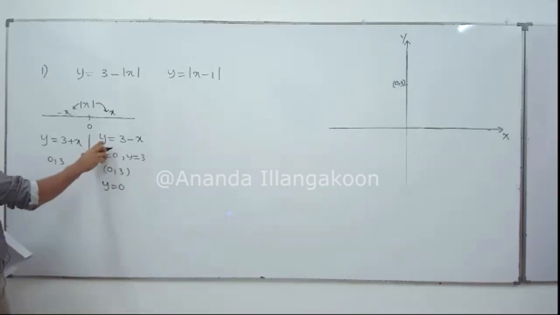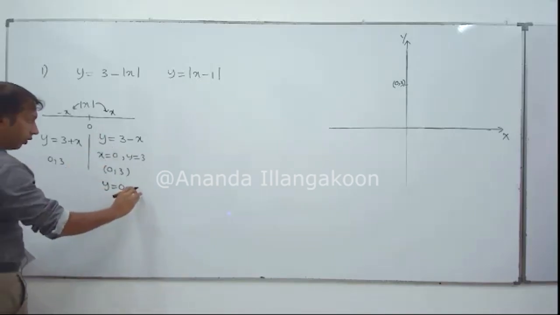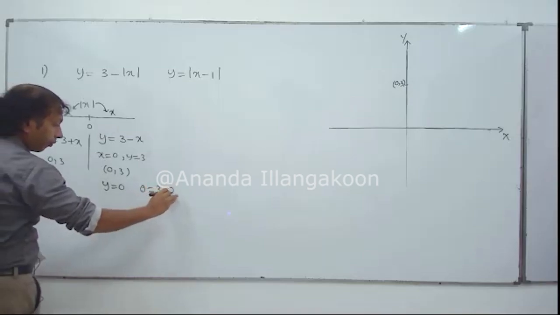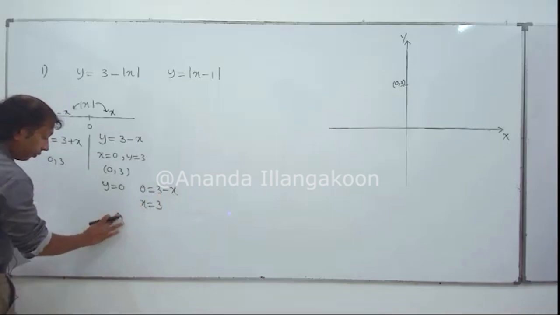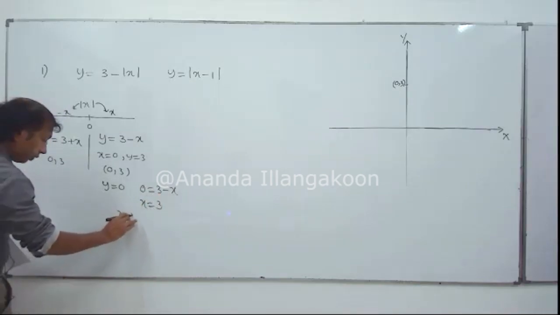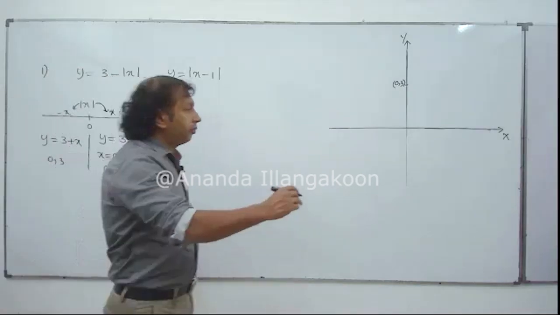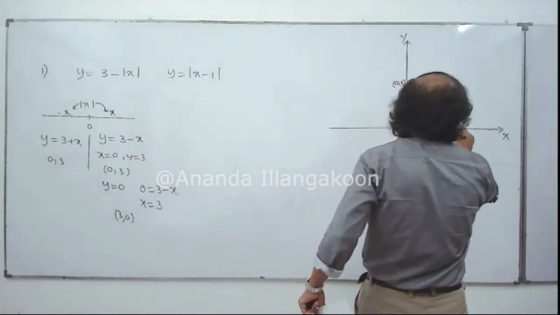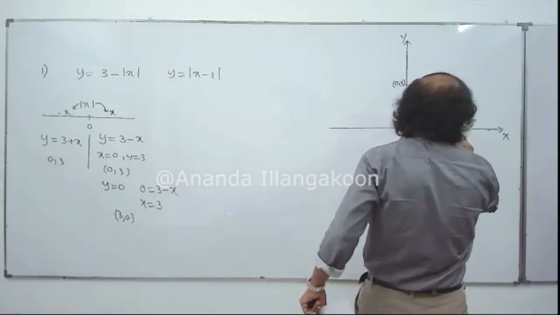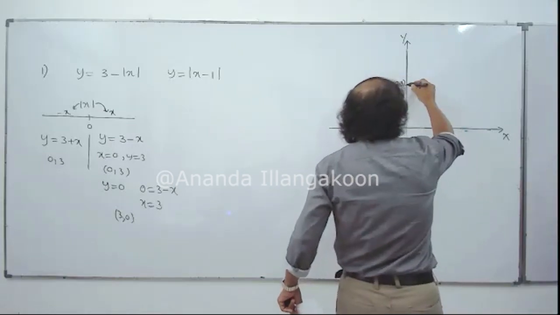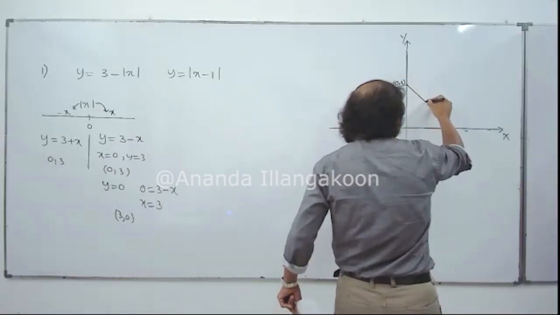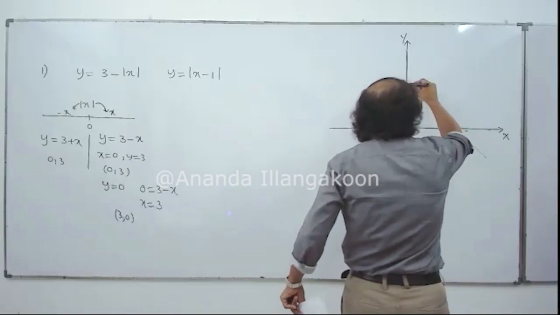When you put y equals 0, what do you get? x is 3. Next point is (3, 0). The line is this.